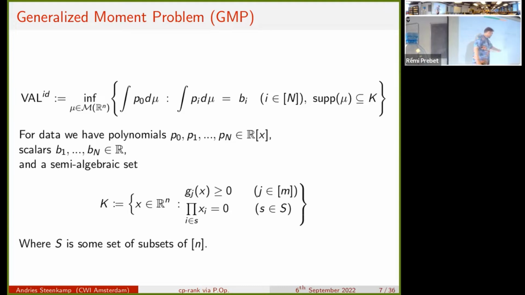So you have this expression for all subsets in S, where S is now a set of subsets of 1 to n. S can be empty. You just don't have any sparsity to exploit in that case. All right, so that's a GMP.